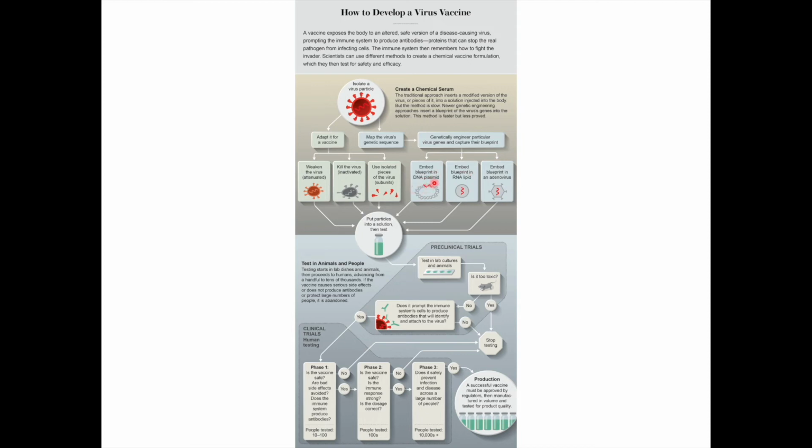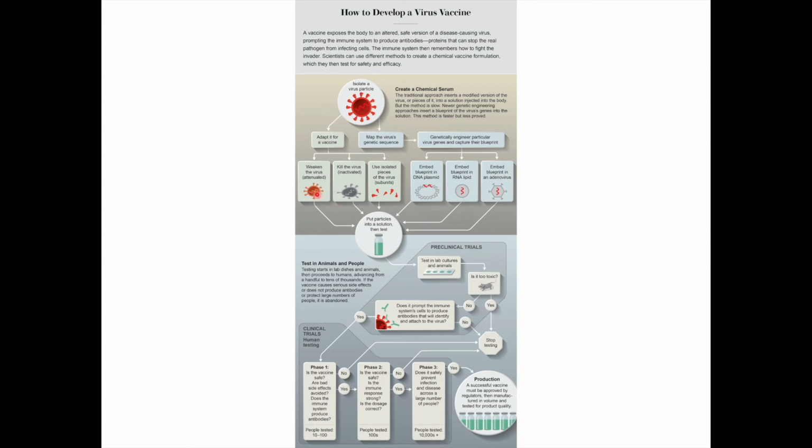It could come from their DNA plasmid from the inside of them, inserted into the plasmid of the bacteria. We can also embed a blueprint of the RNA, which is at the middle of it, and also embed a blueprint in an adenovirus.